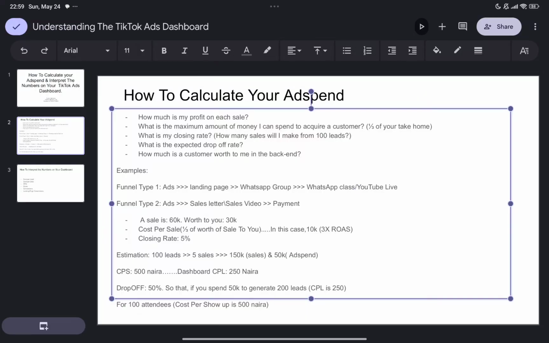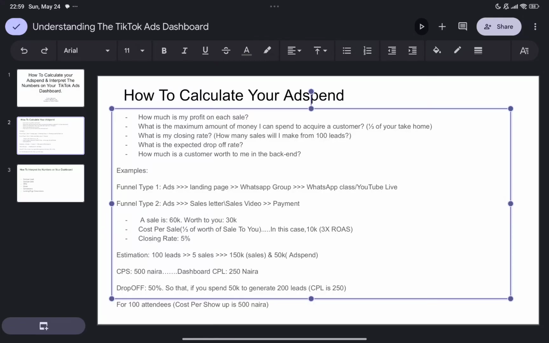The cost of people coming from a landing page to your WhatsApp group, I call your cost per lead. Then the cost of people coming from a landing page to your WhatsApp class, I call the cost per show up, like the cost for people showing up for your sales presentation. So that is what I have here.